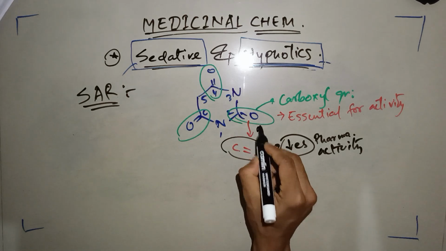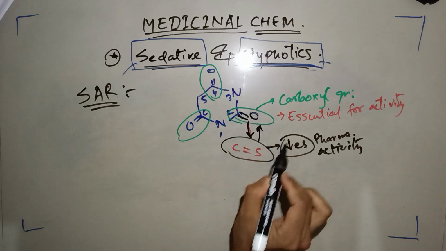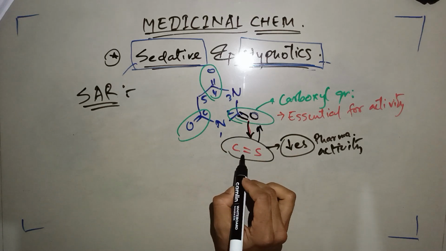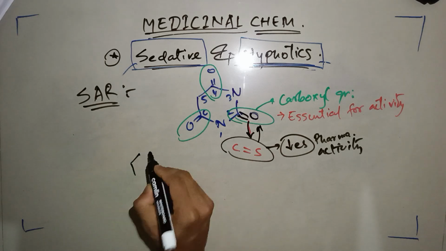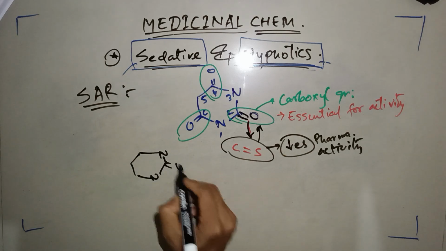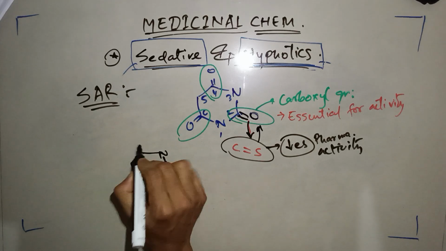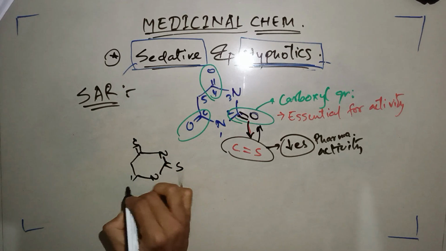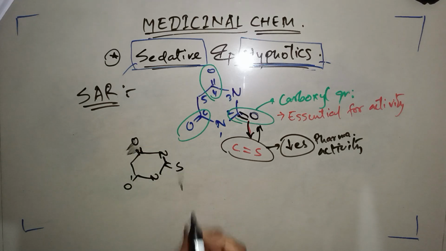Are you getting my point? The structure will be like this. In this, C double bond O is there in the place of O. Now if it is S, like this, 3, or it can be 2 or it can be 1.